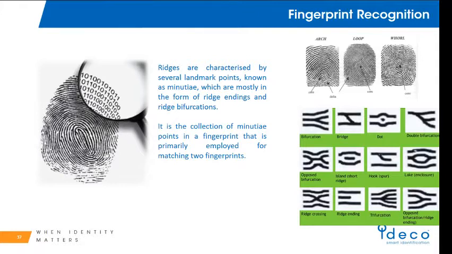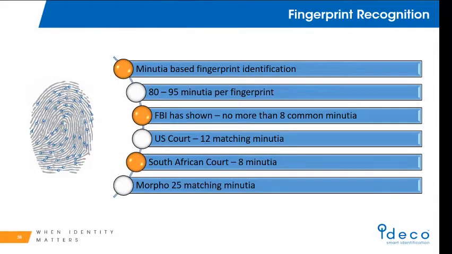And that collection of those minutiae is what we then use to identify fingers. So the minutiae are those ridge endings. You can see typically we have about 80 to 95 minutiae per fingerprint. Typically, if you look at people, there are no more than 8 common minutiae points between fingerprints.